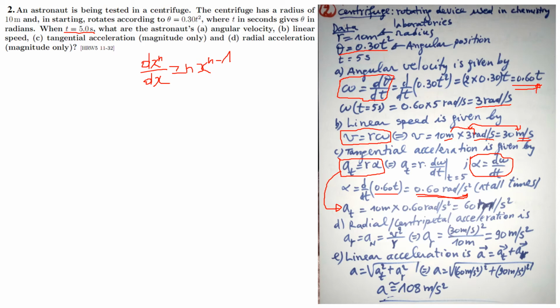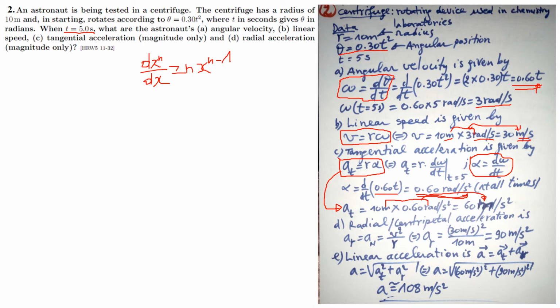Tangential acceleration is equal to radius times the angular acceleration, which is equal to 10 meters, which is the radius, times the angular acceleration, 0.6 radian per second squared. In a similar way, when you take meter and you multiply by radian, the answer is automatically meter. And then this tangential component of acceleration becomes 6 meter per second squared.